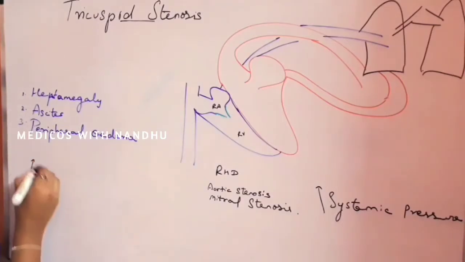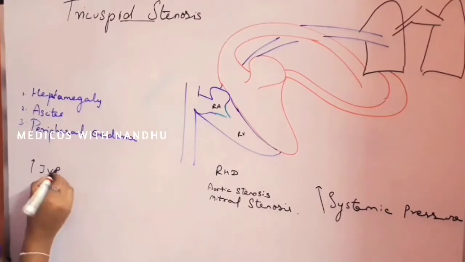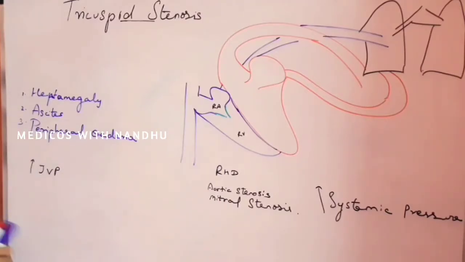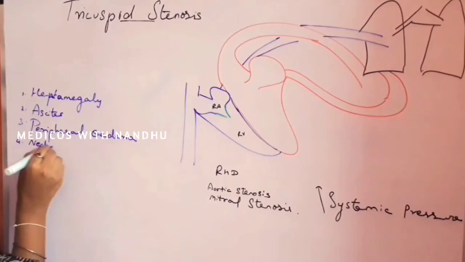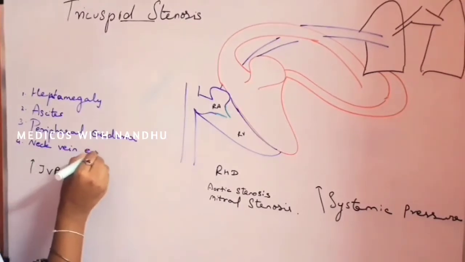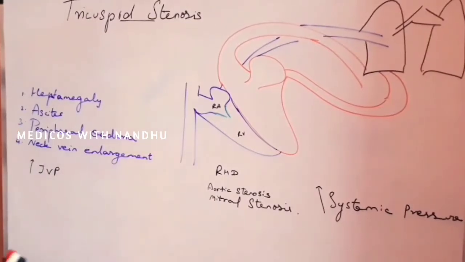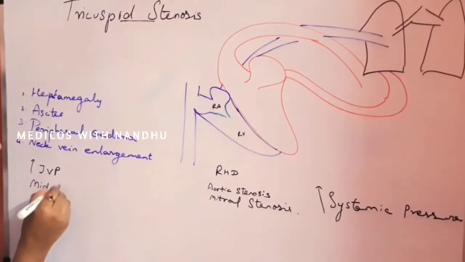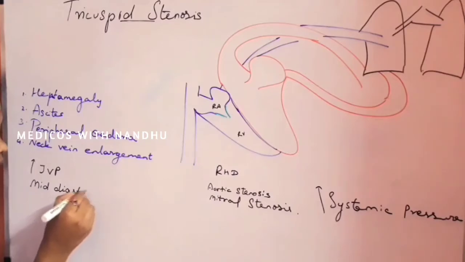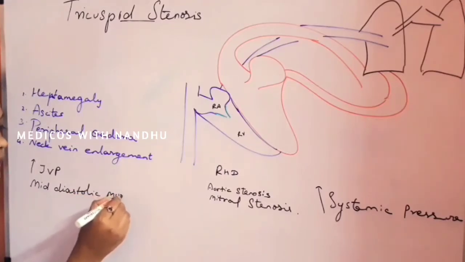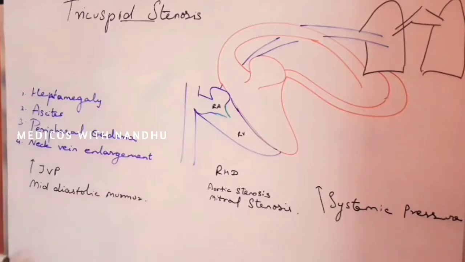There will be enlargement of the neck veins, and jugular venous pressure will be increased. There will also be a mid-diastolic murmur. These are the signs.